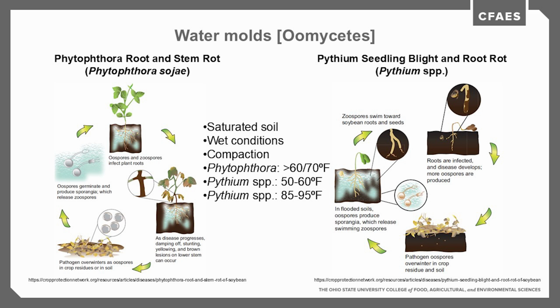But another thing to point out is because we have so much diversity in all these different water mold pathogens, at different soil temperatures, they will be very active. So no matter if we have very cool soil temperatures or very warm soil temperatures, if we have these water molds in our field, we may have to think about an integrated management approach for water molds.